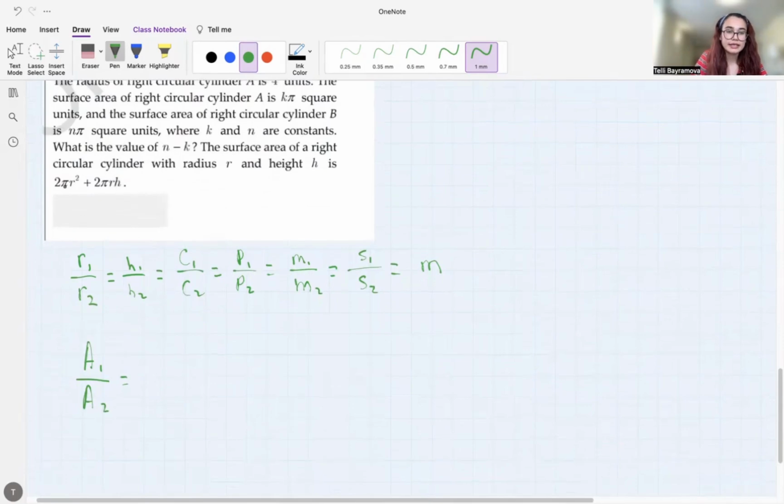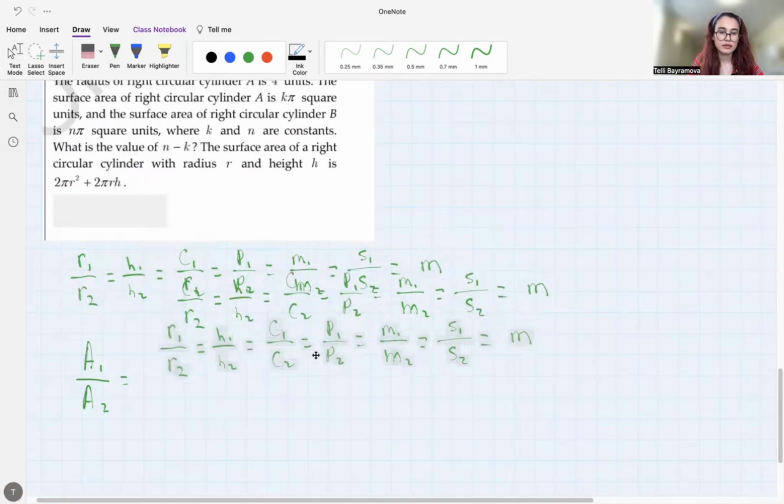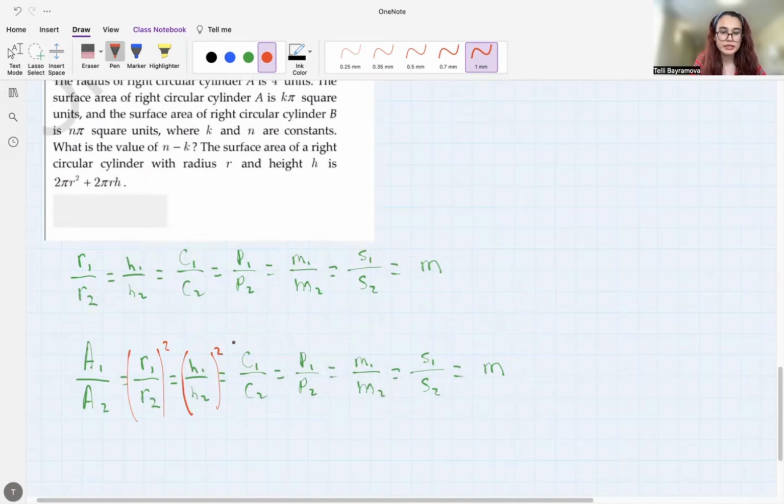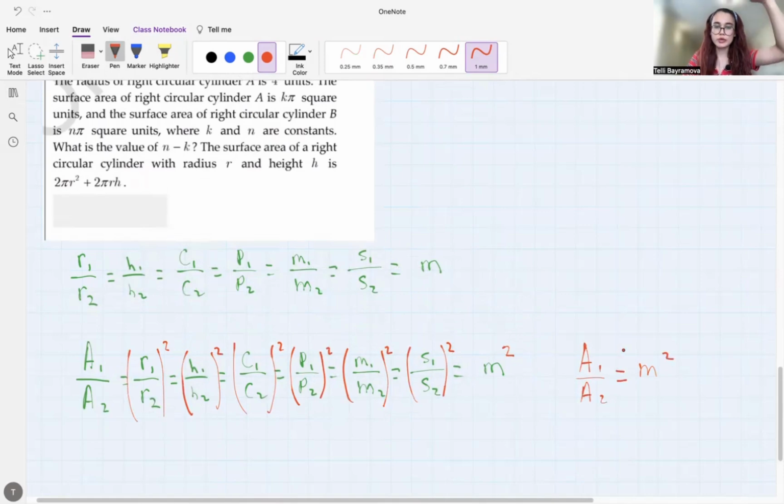You can write this with the square of each of them, for example, or just simply write area 1 over area 2 equals m squared, their ratio squared, okay?